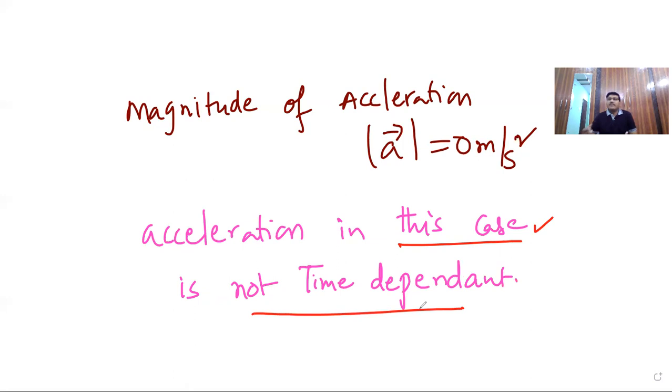There is no time term in the velocity expression, and in the acceleration expression also there is no time term. Hence, velocity, speed, though he has asked to calculate at t equal to 1 second, and acceleration at t equal to 2 seconds, there is no time term, hence it is time independent.